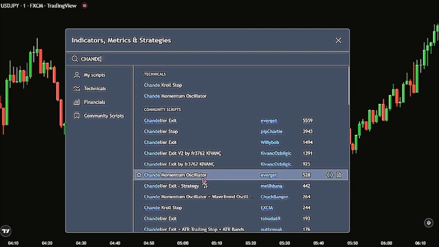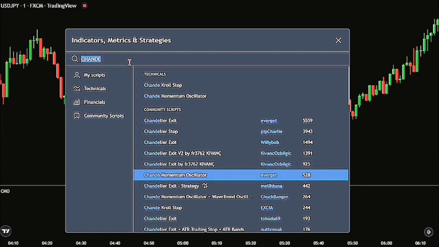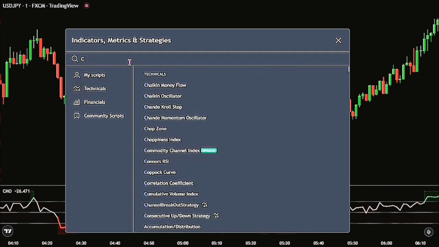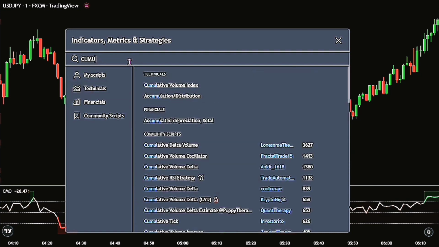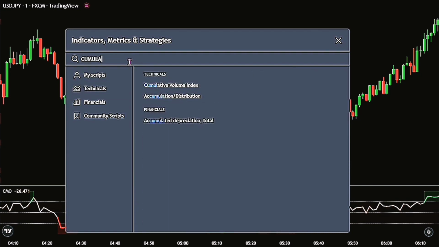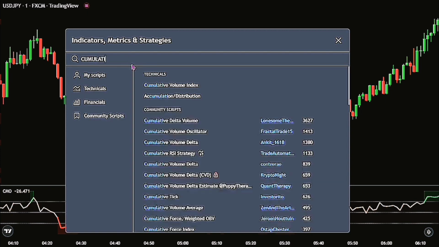For the first indicator, let's search for Chande Momentum Oscillator. This indicator by Everget.